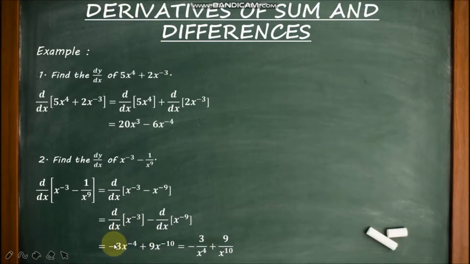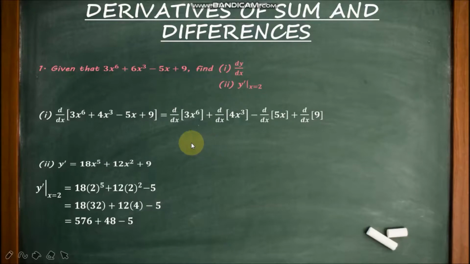So we get the answer negative 3x to the power of negative 4 plus 9x to the power of negative 10. So we can express it simply as negative 3 over x to the power of 4 plus 9 over x to the power of 10.